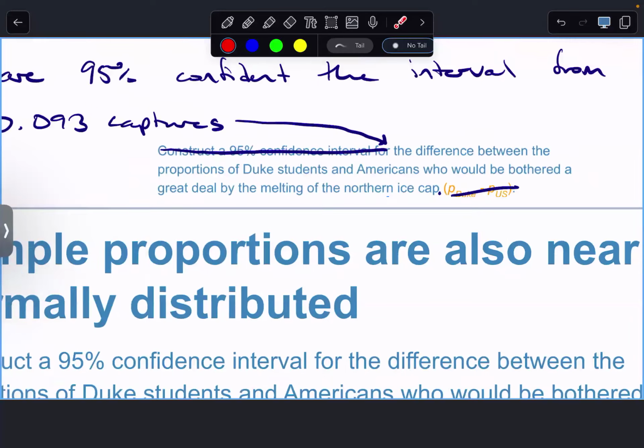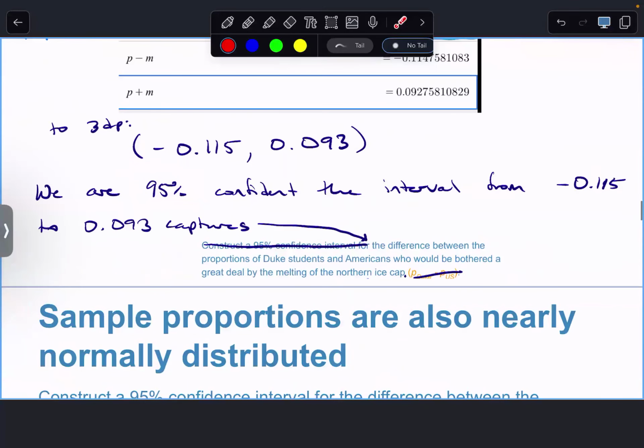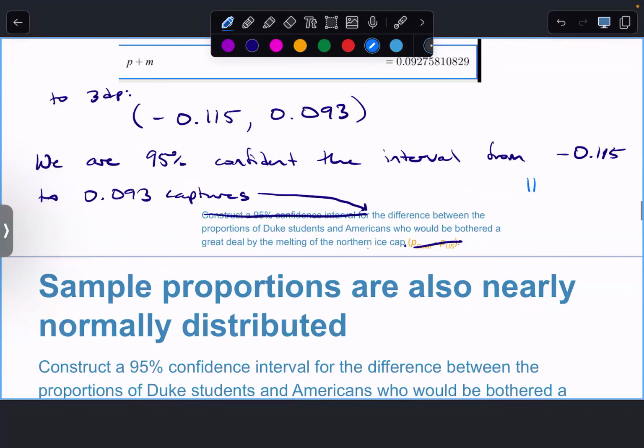Now, one of the things that I want you to start thinking about is, my null hypothesis is that P1 minus P2 is equal to 0. I have to assume that there's no difference between them until I have proof otherwise.